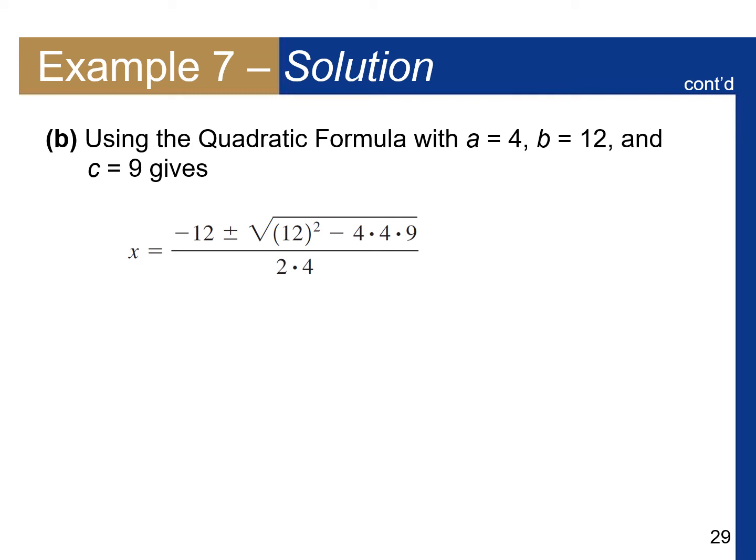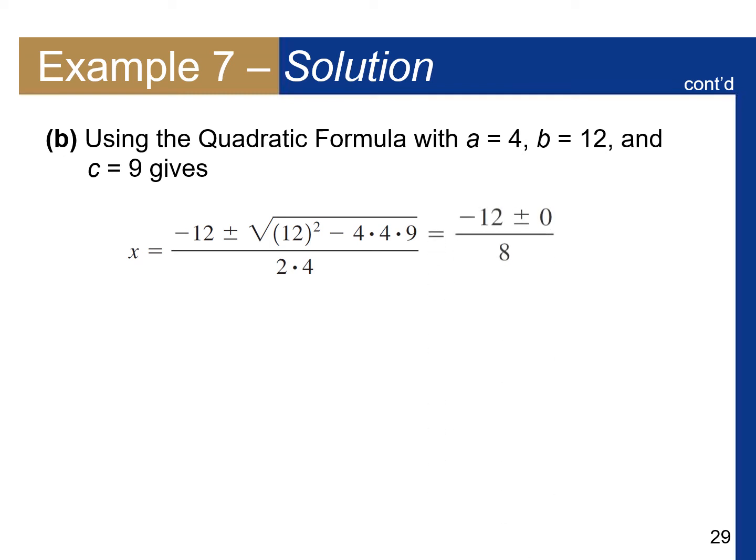All right, B. A is 4, B is 12, and C is 9. So once again, x equals negative b plus or minus the square root b squared minus 4ac all over 2a.